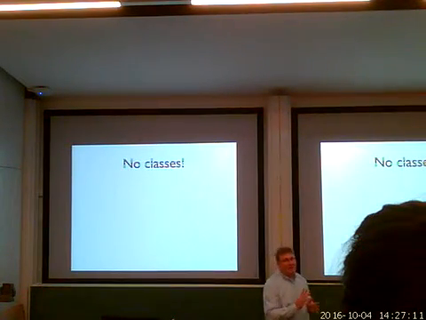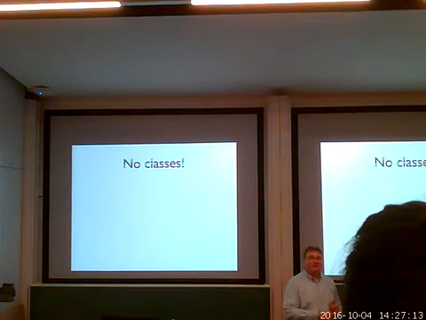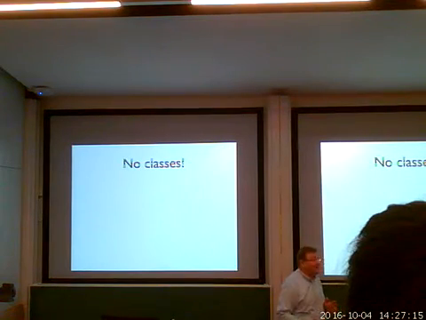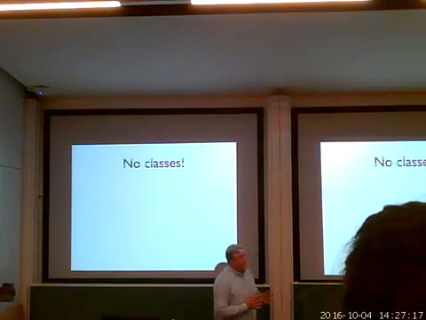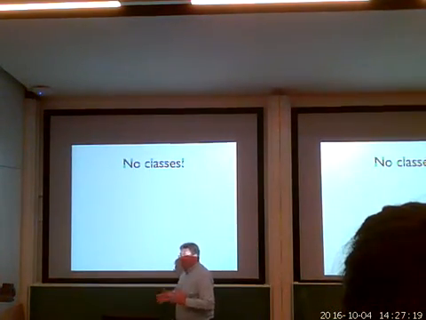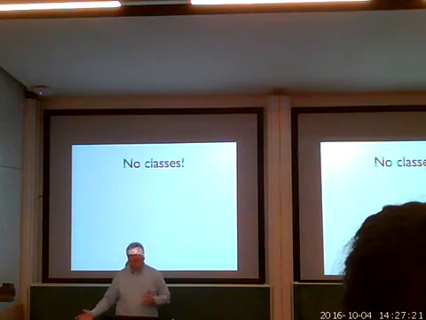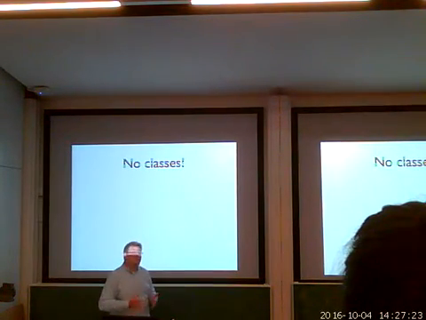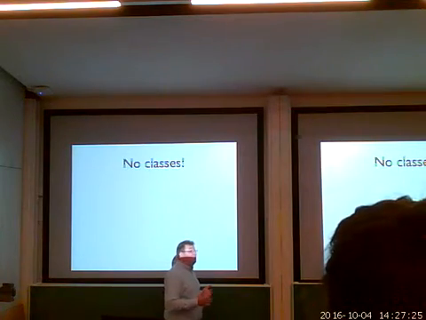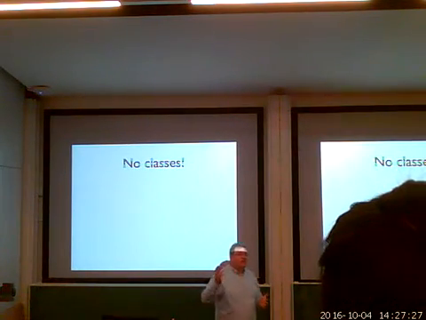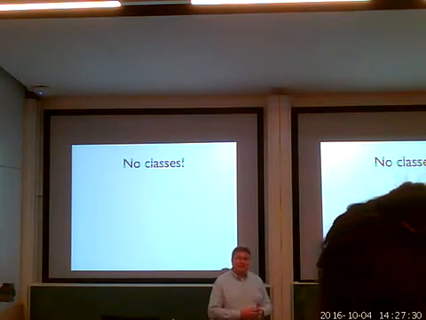JavaScript does not have any classes, even though it does have the class keyword, which you're not allowed to use. The object-oriented syntax, or the ability to do object-oriented programming, comes purely out of a couple of other language features.